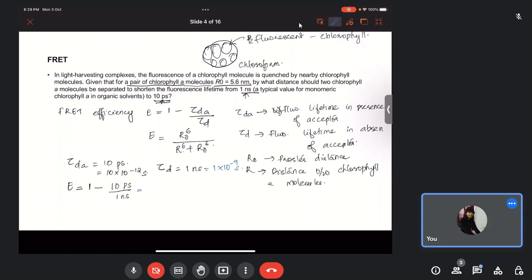So this is equal to 1 minus 10 into 10 to the power minus 12 divided by 1 into 10 to the power minus 9.